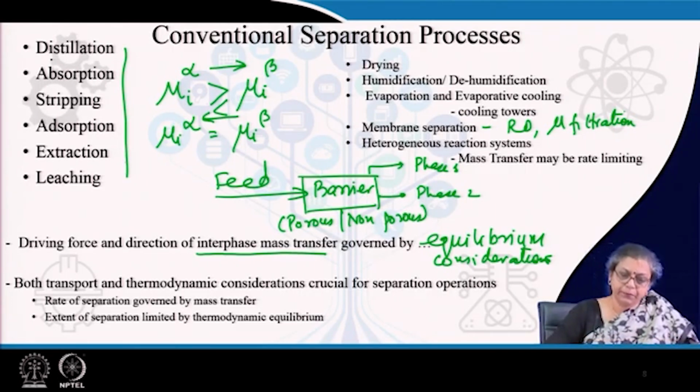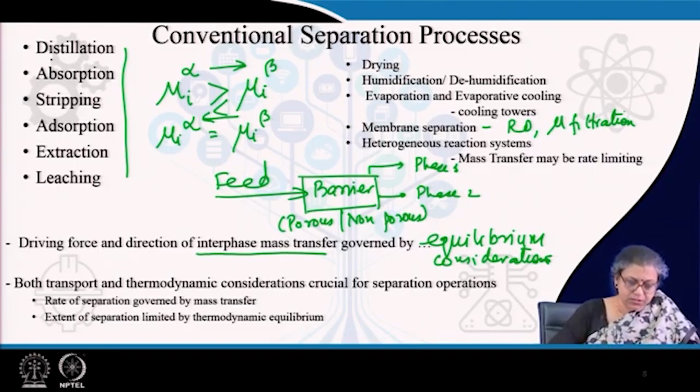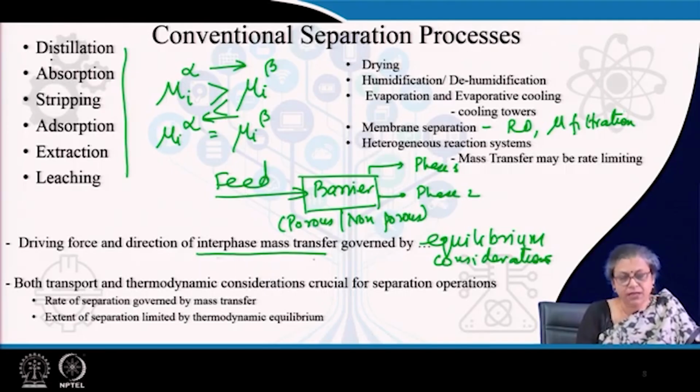So, therefore, I repeat, in this particular module we will be discussing those separation processes for which the interphase mass transfer occurs, and this interphase mass transfer is governed by equilibrium considerations.